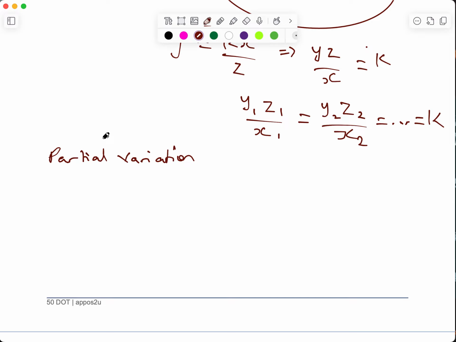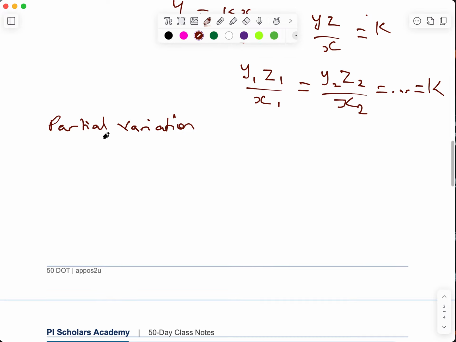Now, for partial variation, we always have two constants. When you introduce two constants into the whole system, this is where you have a form of partly constant and partly varies. So for instance, if I give you an expression, y equals kx plus c.